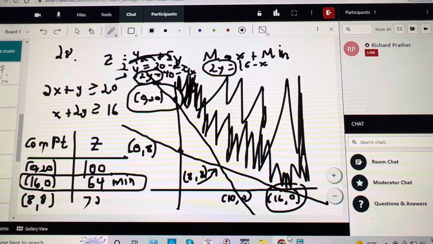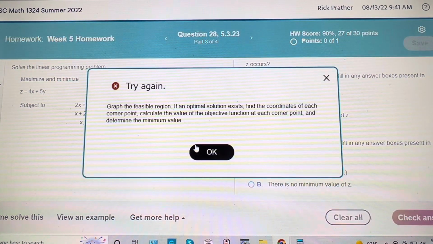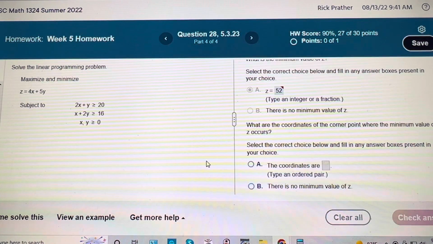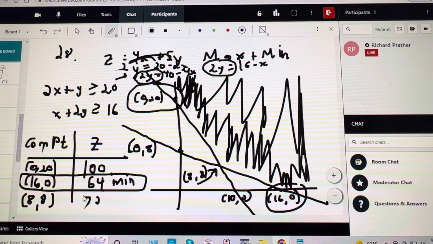That's weird. What is the minimum value? That was the value I had. Let's see what they say. 52. Did I miss a corner point?